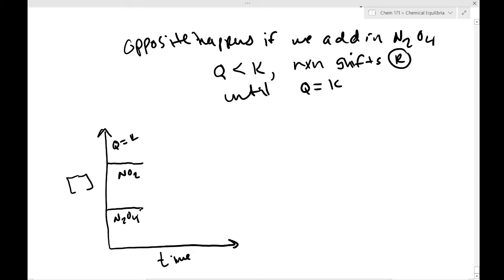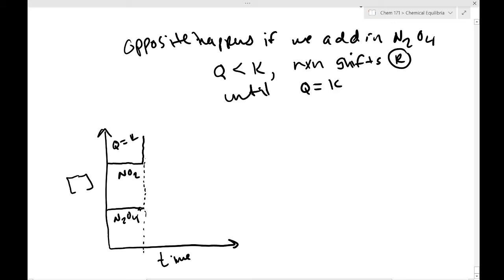However, let's add something in. Okay, let's add in some NO2 at this point. Okay, we're adding in NO2 at this point. That means that immediately the concentration of NO2 will go up.